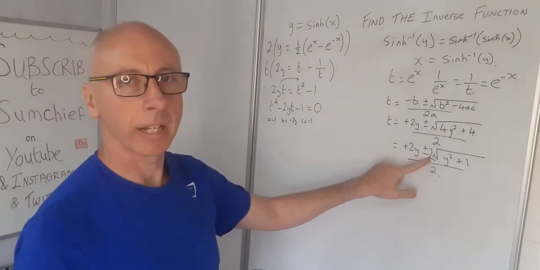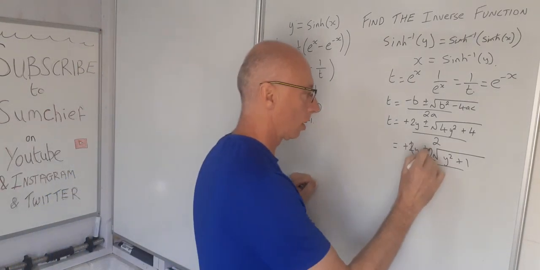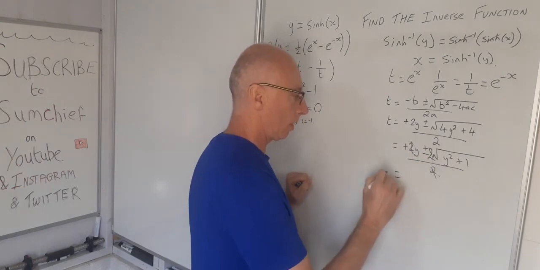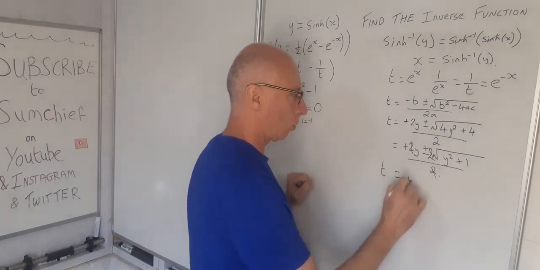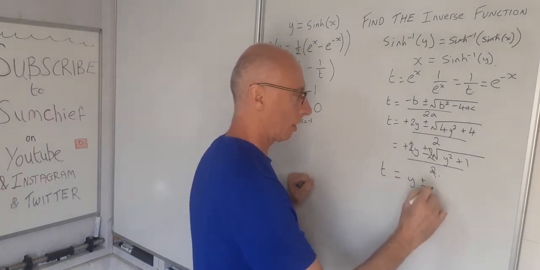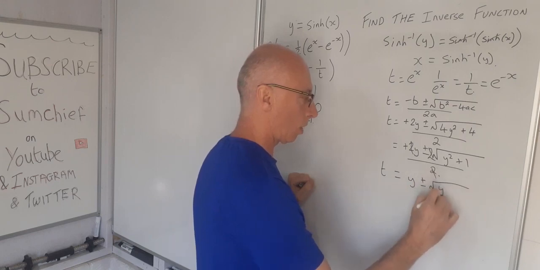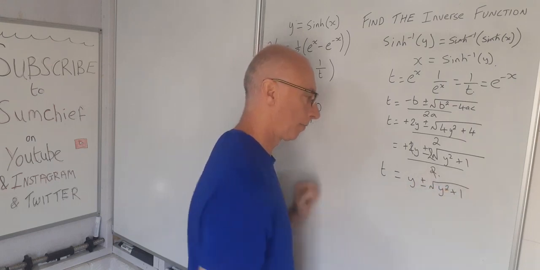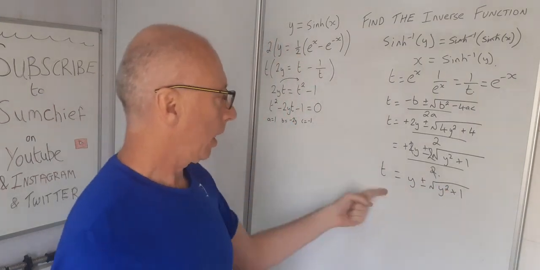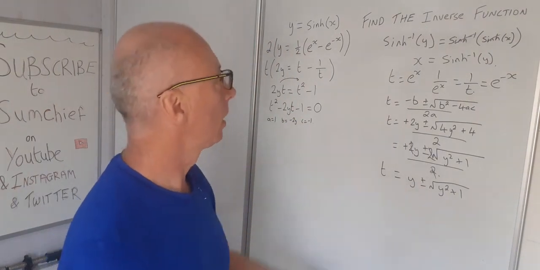Okay, so now we can cancel all of these 2's. So then we're left with t equals y plus or minus square root y squared plus 1. Okay, that's a little bit easier to work with.